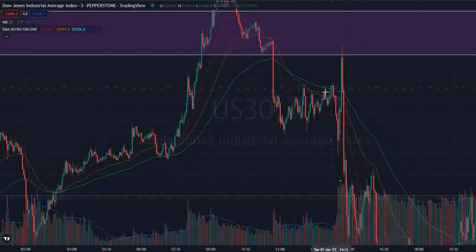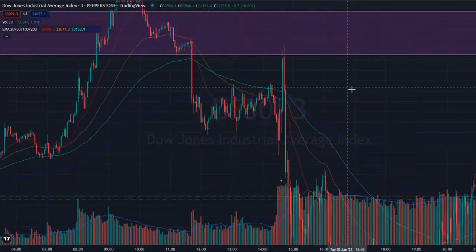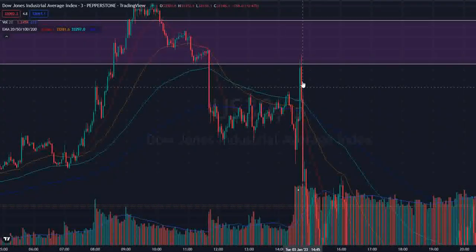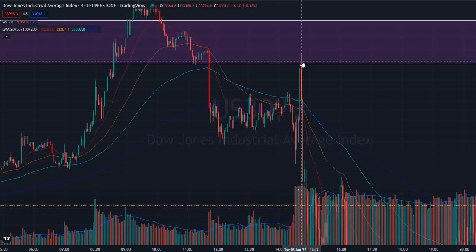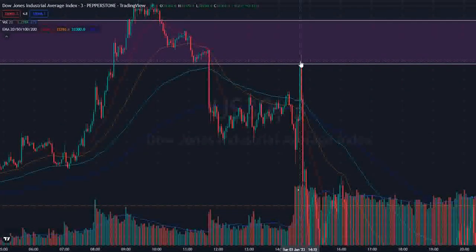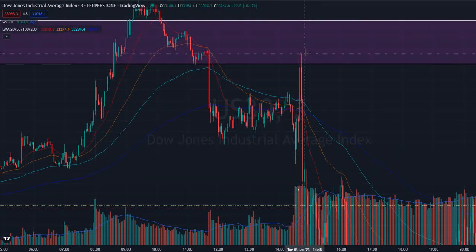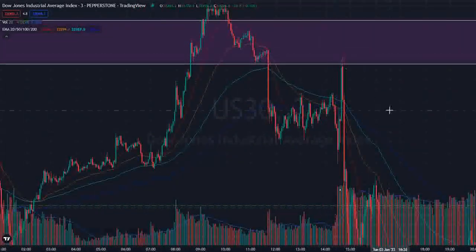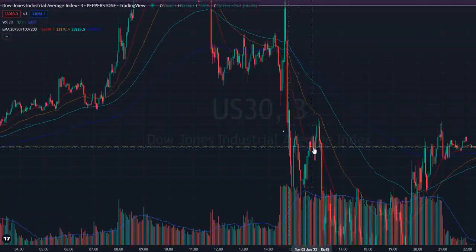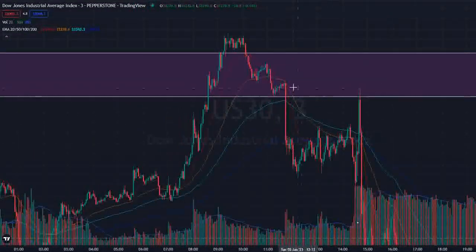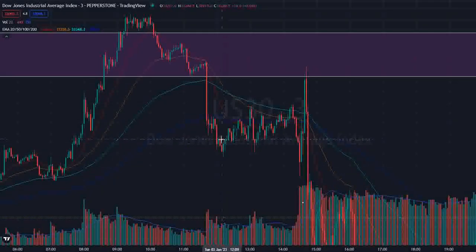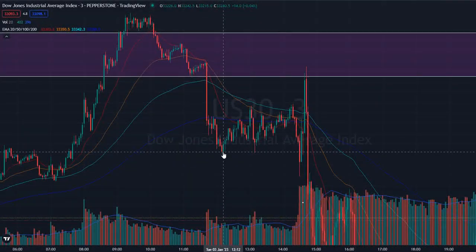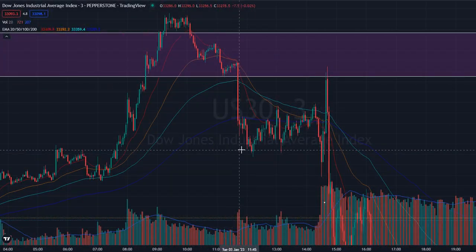This started pretty much before market open, and we got some crazy action going on here. The market went down and got bought, pretty much institutions coming in to buy it and then sell it at a much better price, which is here. The market just went down afterwards. So your entry point could have been here. This would be your entry point.